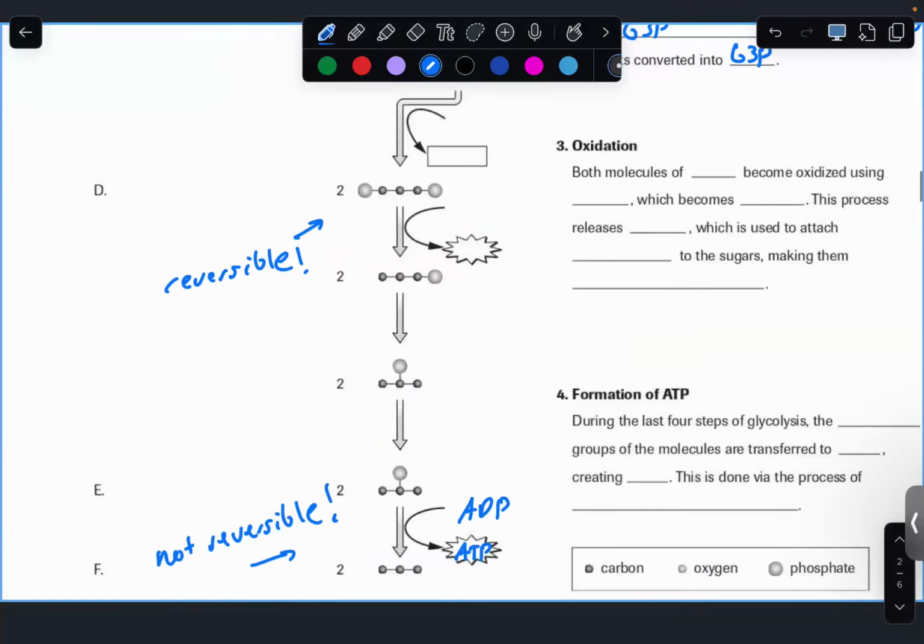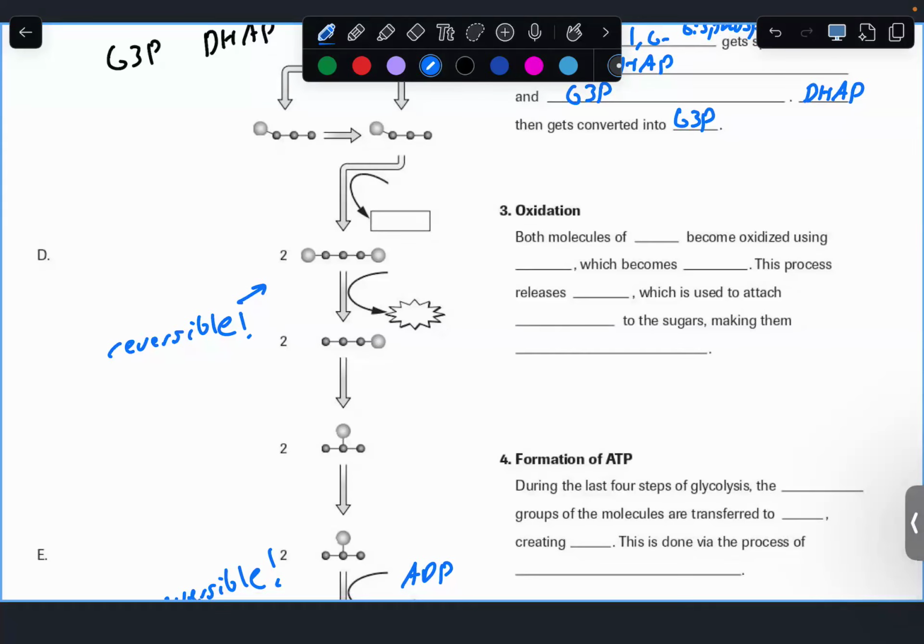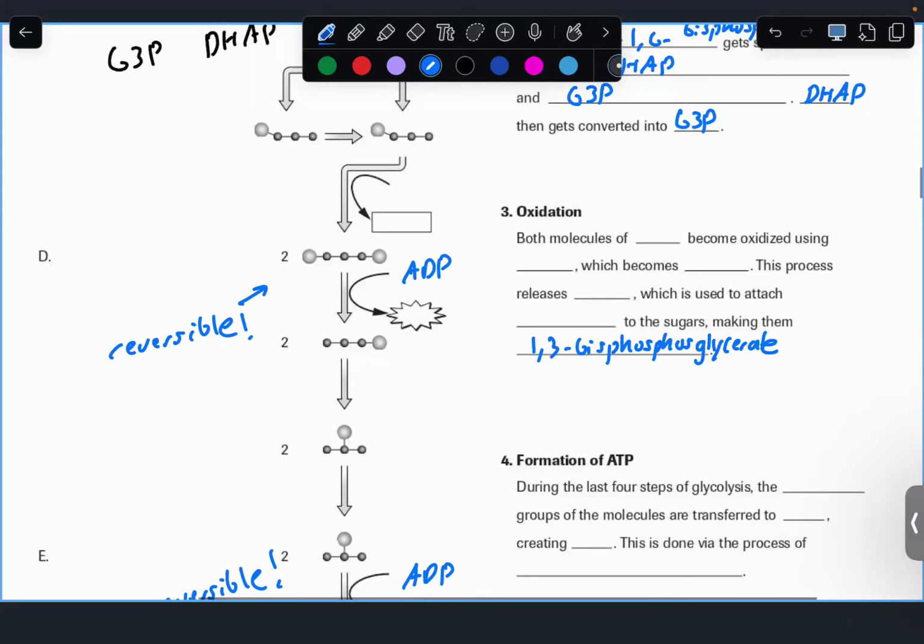Now, when we look at this step, when we're converting 1,3-bisphosphoglycerate to 3-phosphoglycerate, those are both the same level 2 electrophiles.